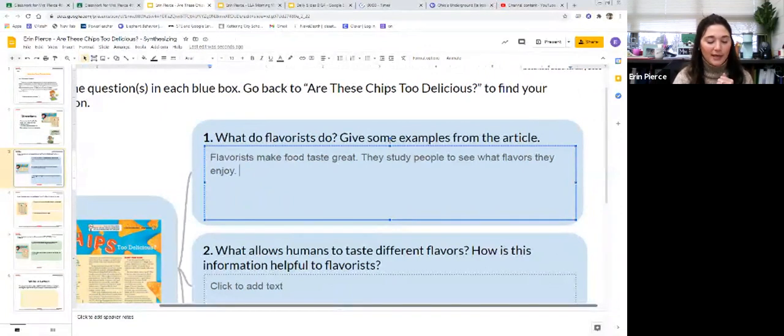What was an example? They gave two examples right under the definition, of things that they've created that people enjoy. Lucas, do you think you can give me that example?